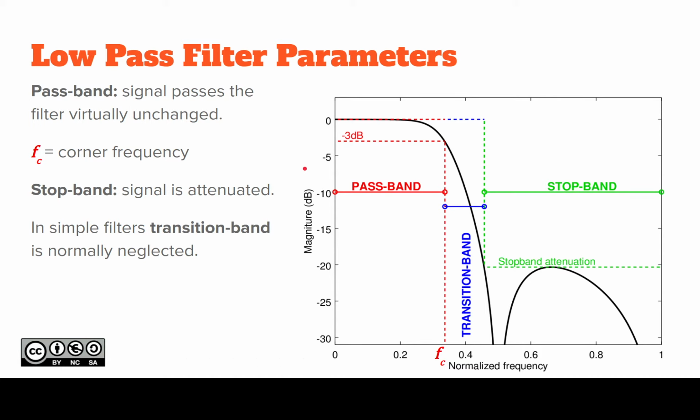The magnitude scale, or the vertical scale, for filters is usually a logarithmic scale, meaning in decibels. Decibel is the unit for signal power. So basically this would show the signal power distribution over the frequencies.